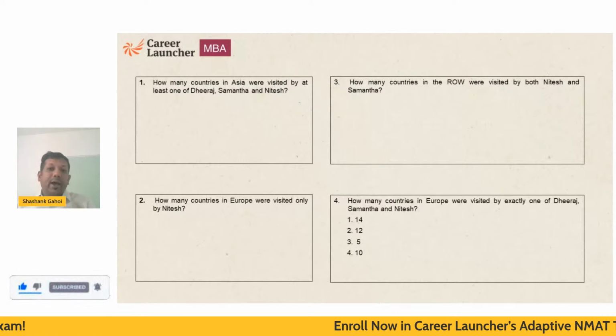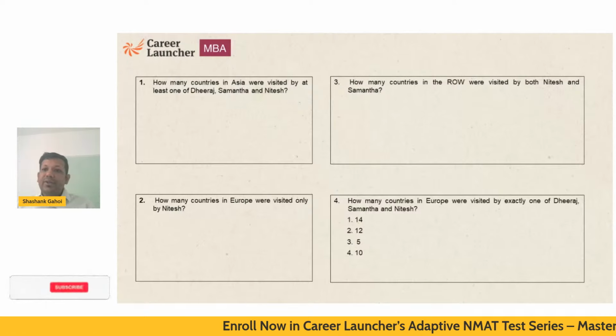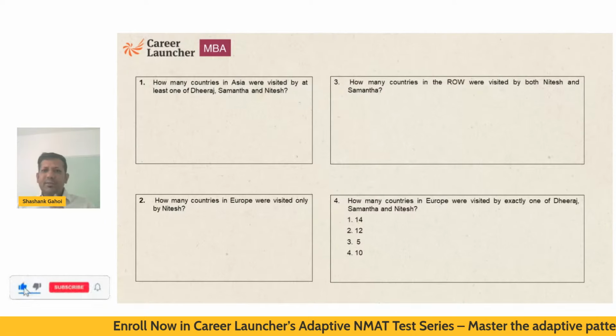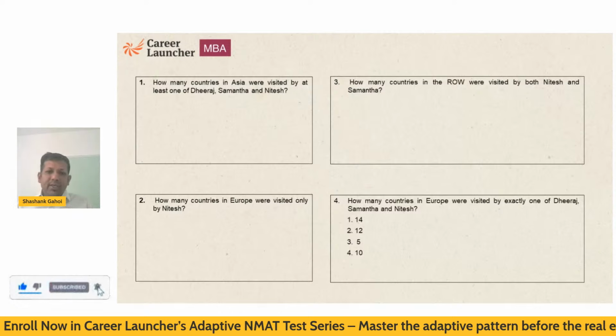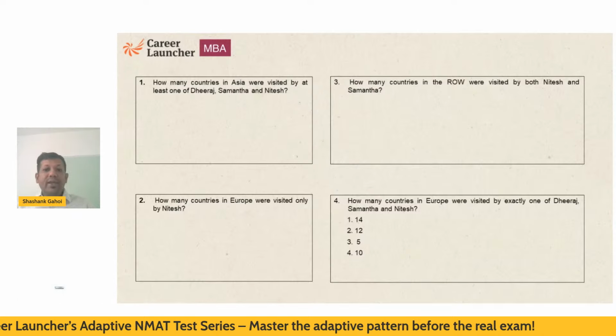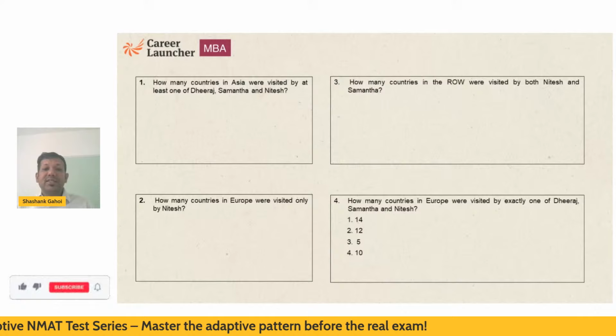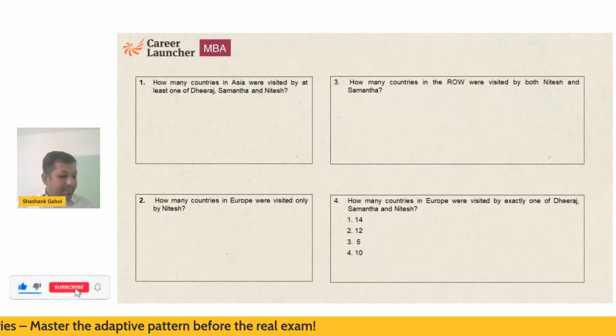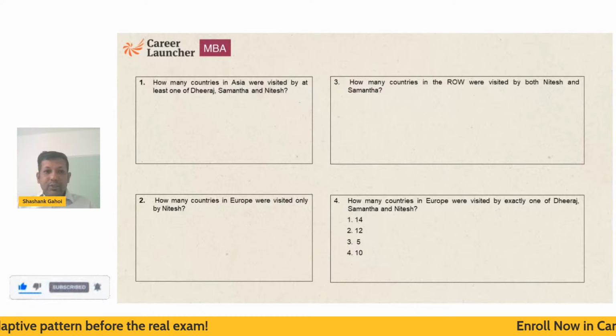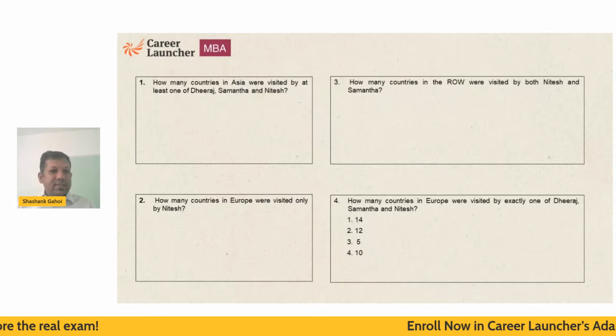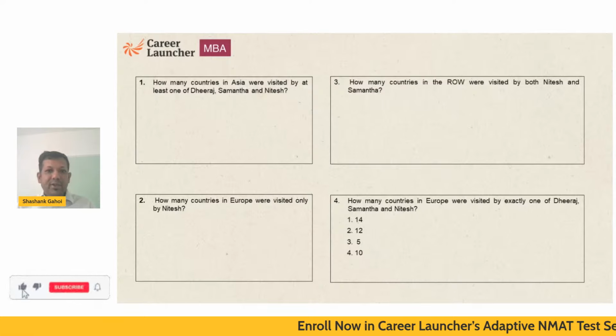How many countries in rest of the world were visited by both Nitesh and Samantha? And how many countries in Europe were visited by exactly one of Dheeraj, Samantha, and Nitesh? So basically, this information is given to us.